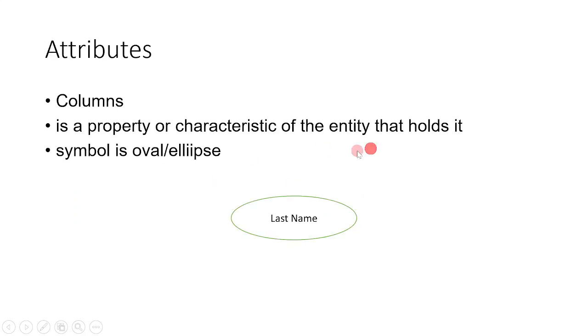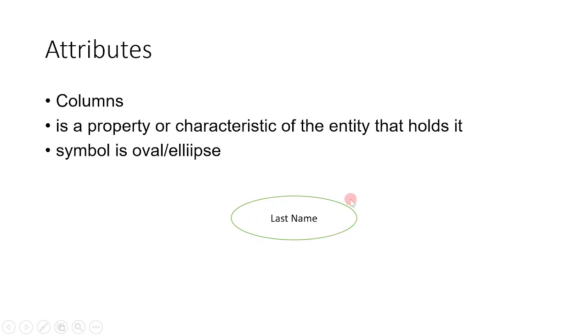Next, we have the attributes. The entity is the table, then an attribute is a column. It is a property, take note, a property or characteristic of the entity that holds it. The symbol is an oval or ellipse. So we have here an example.